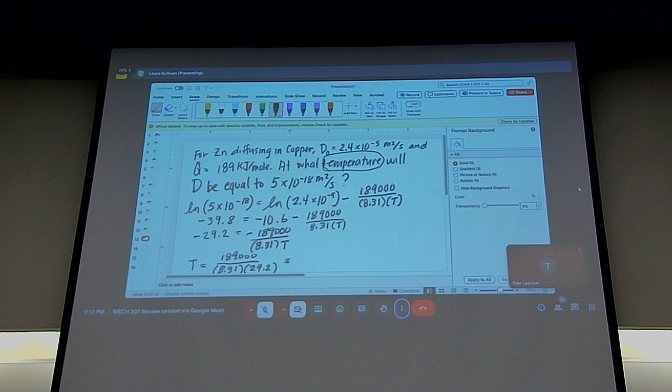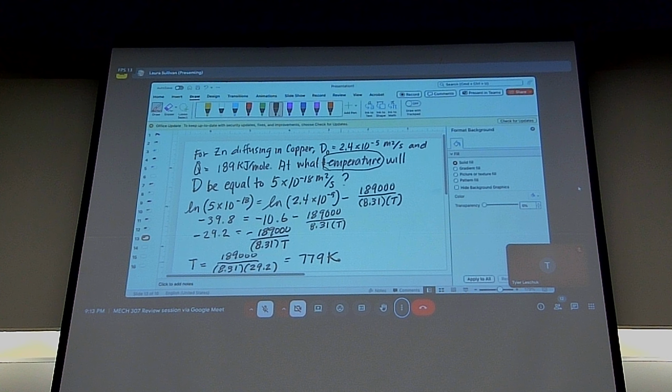So that's 779, and remember now that that's in Kelvin. So you would subtract 273 to get it into degrees C. So it would be 506 degrees C.